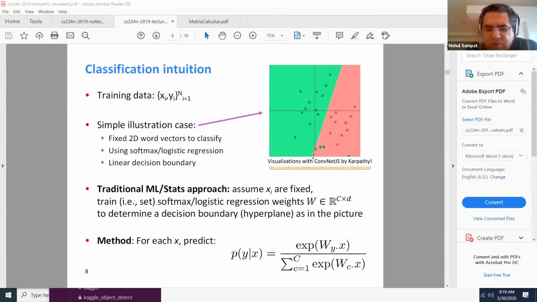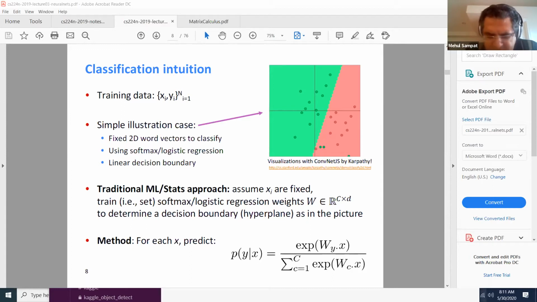Given your training data, you try and draw this boundary, and then when your test data comes, you see which side of the boundary it falls on, and you can classify it accordingly.